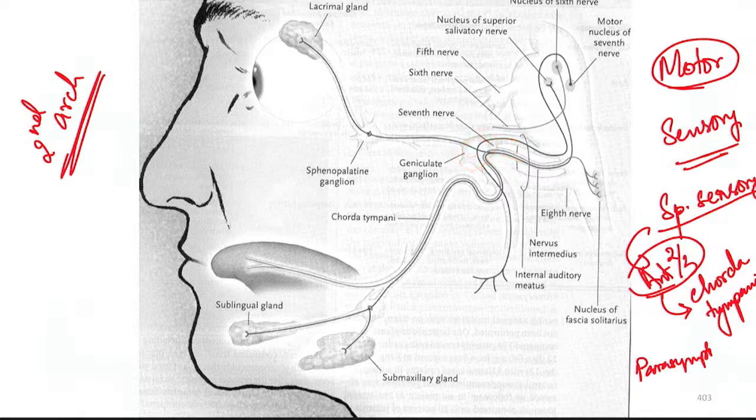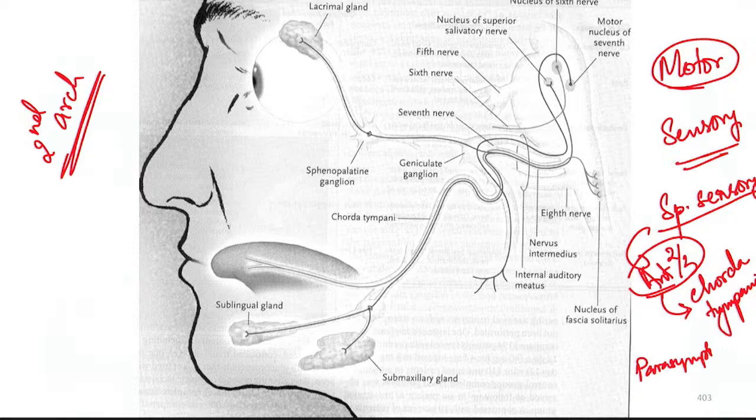And from this ganglion, the geniculate ganglion, we have a branch that goes to the sphenopalatine ganglion and then supplies the lacrimal gland, that is a parasympathetic supply. Then it also gives off the chorda tympani branch. See the chorda tympani branch, that is supplying the submandibular, sublingual glands, and also the anterior two-third of the tongue.